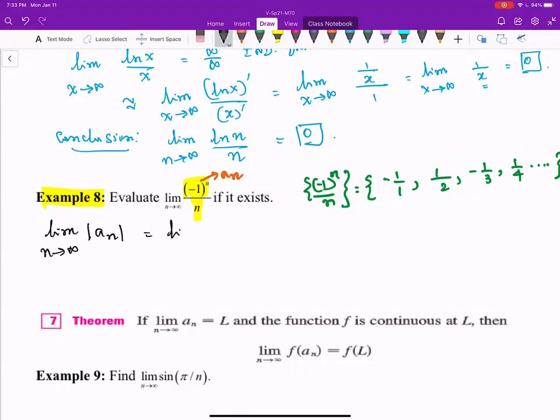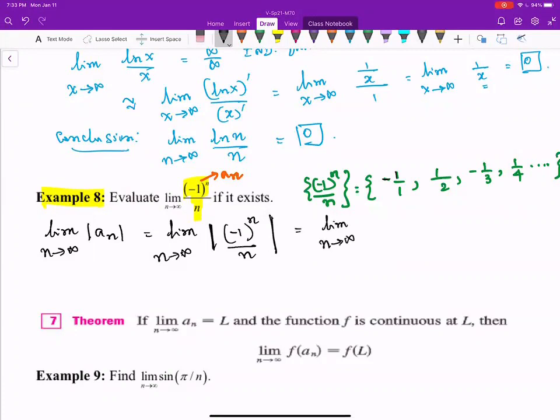So that is the limit as n approaching infinity of the absolute value of negative 1 to the power n divided by n. What is the nature of negative 1 to the power n? It will be either negative 1 or positive 1 only. But when you take the absolute value, whether it is negative 1 or positive 1, the absolute value is after all 1.